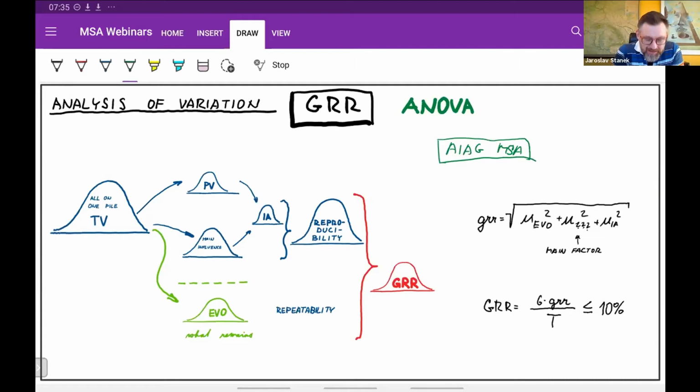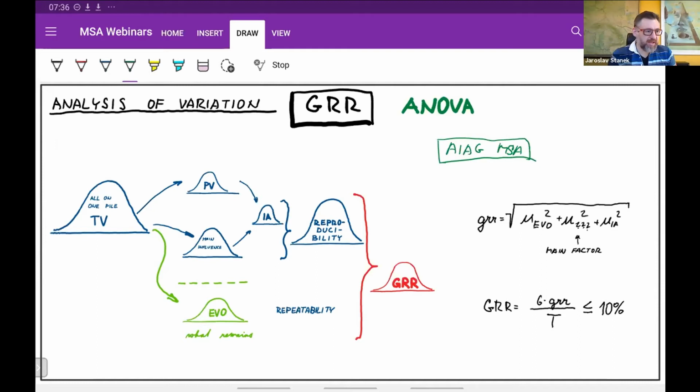The formula for the overall evaluation is very similar. The GRR, just a reminder from one of the past webinars, tries to decompose the overall variation it sees in the measurement process experiment, and then take out the part variation and leave everything else in.